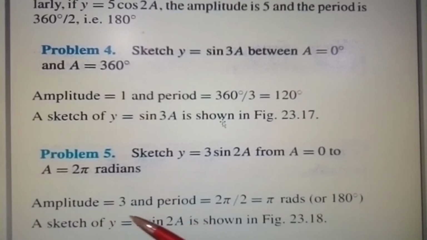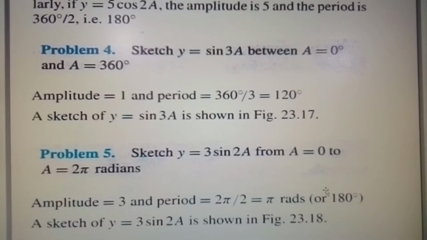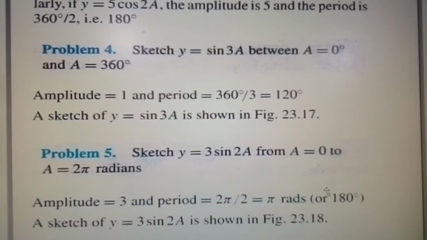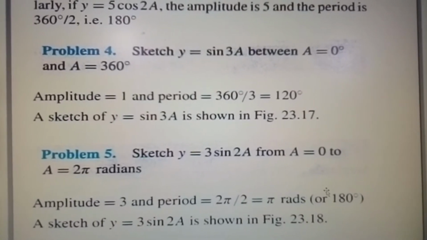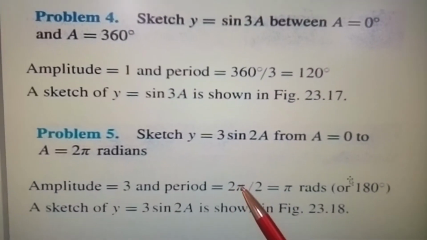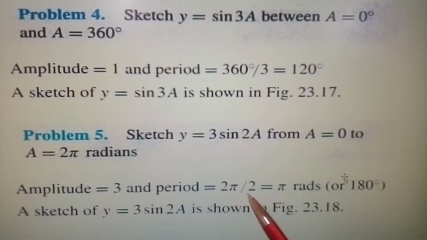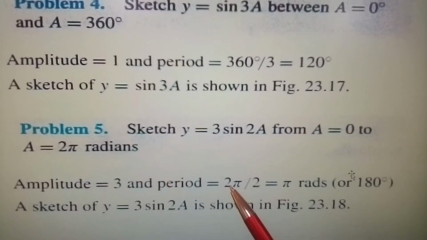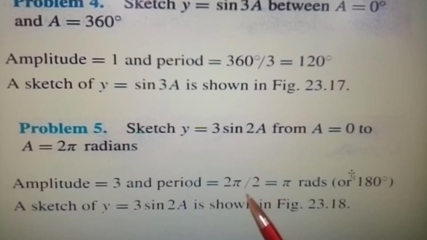Now, all I'm doing here is taking the time to go through a criteria with you. Okay. Remember that pi rads equal 180. Okay. Now you need to be sure you understand this concept here for yourself. Okay. Right. So you can see what it means and what it is referring to, and how you get 360 in regards to pi.